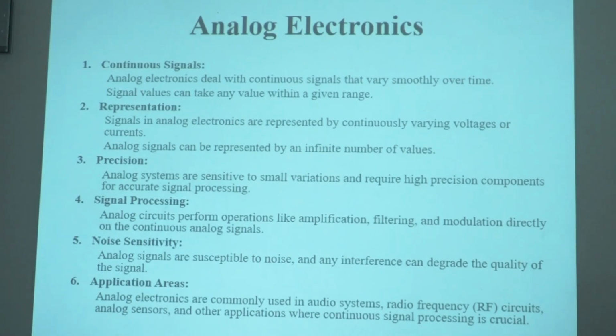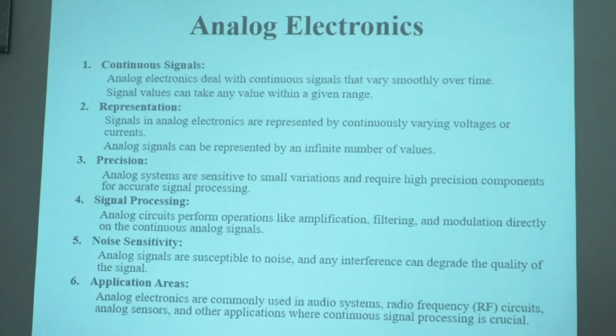All these analog electronics deal with continuous signals that vary smoothly over time, and they take any values within a given range. This was the first thing that we discussed in analog electronics.